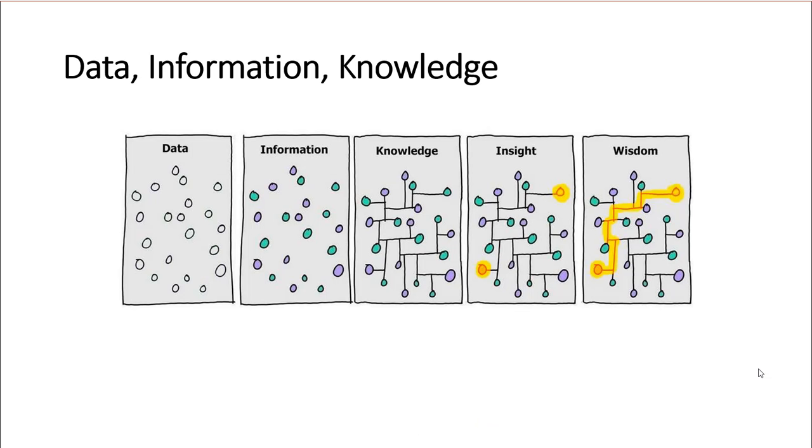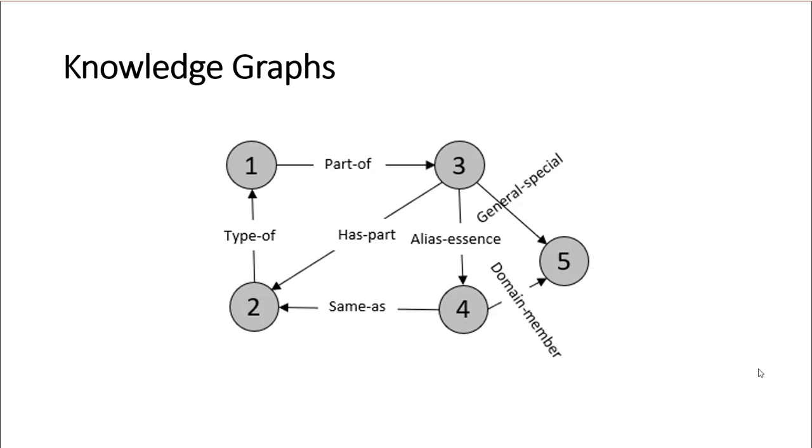And what most people, their head is still in the left-hand side of this diagram, the data side. What I'm providing is what you need to work at the knowledge, insight, and wisdom level within a financial report. So a financial report is basically a machine-readable knowledge graph.